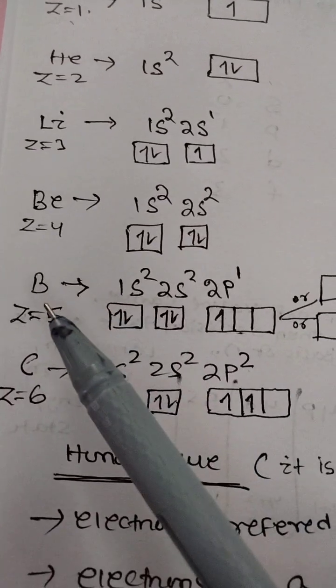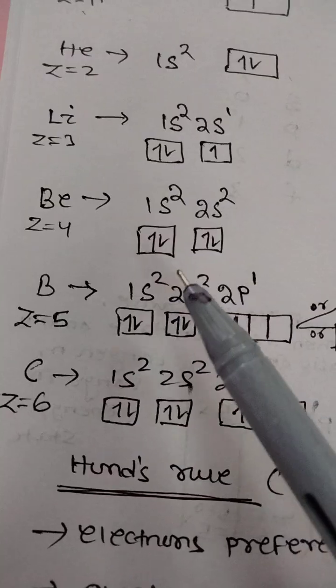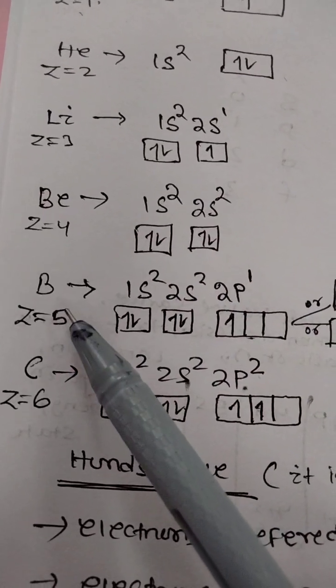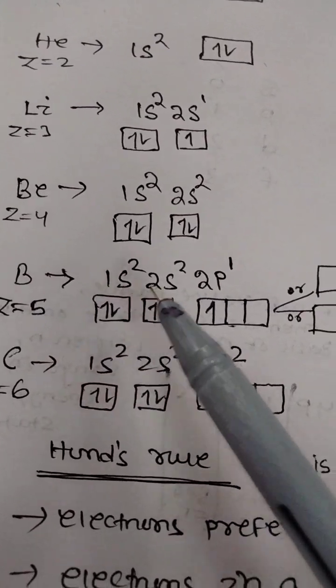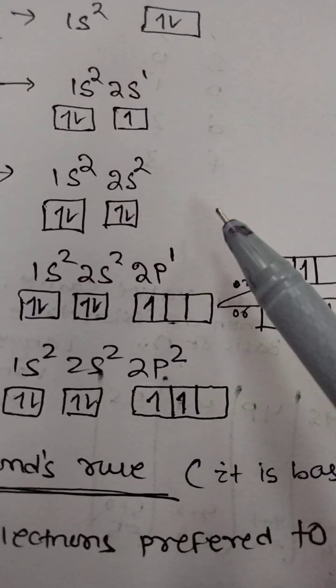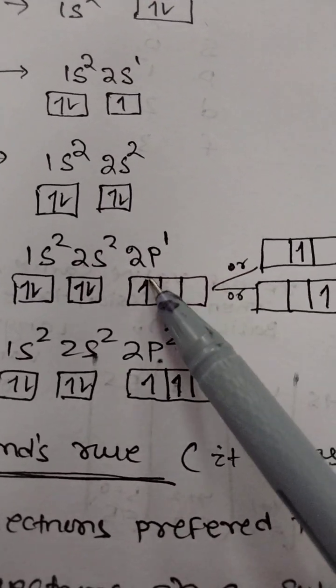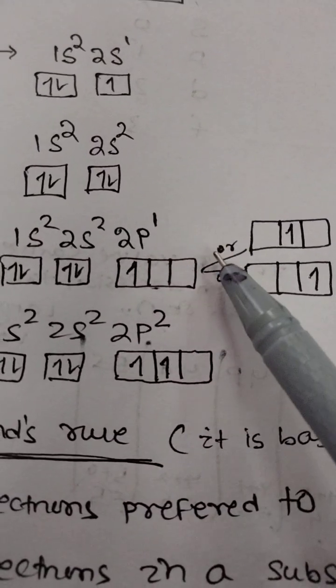But in the case of boron, we see here 1s2, 2s2, 2p1, because boron has atomic number Z equal to 5. In p1 there is one electron, but there are three possible orbitals: px, py, pz.